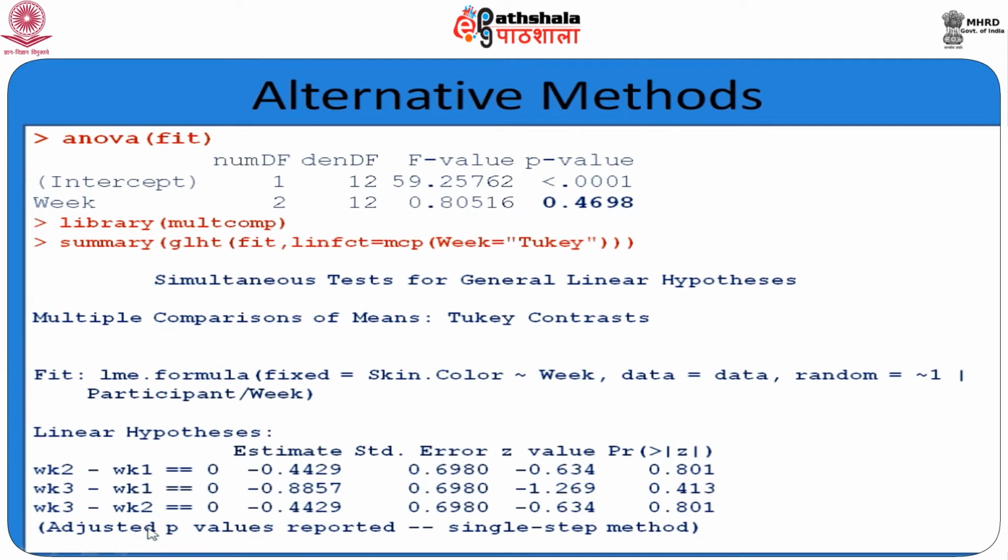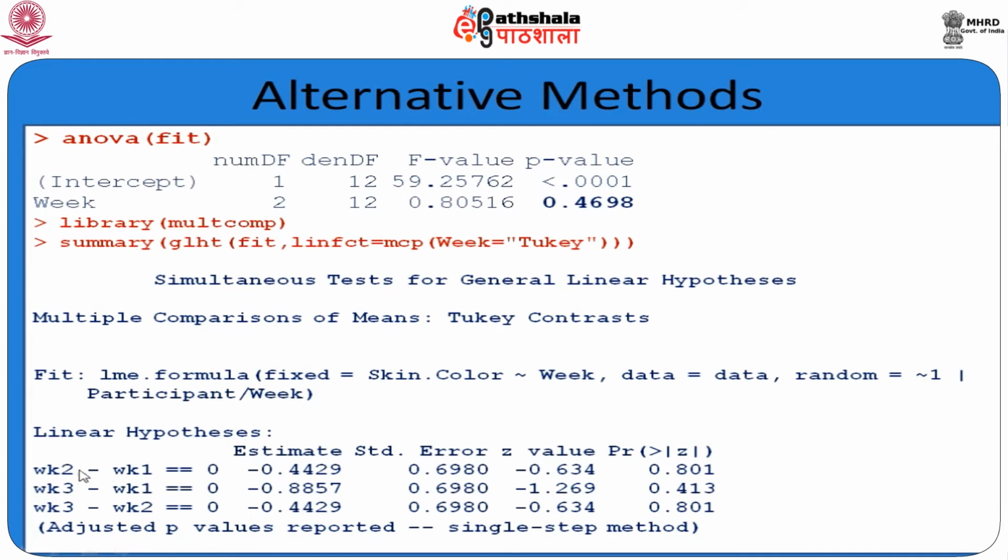If you see week 2 versus week 1, the test was week 2 minus week 1 equals 0, week 3 minus week 1 equals 0, week 3 minus week 2 equals 0, the mean actually. So, these are the hypotheses, and for these hypotheses the estimates are given, the standard error given, the z values are given, and then finally the p values are given.